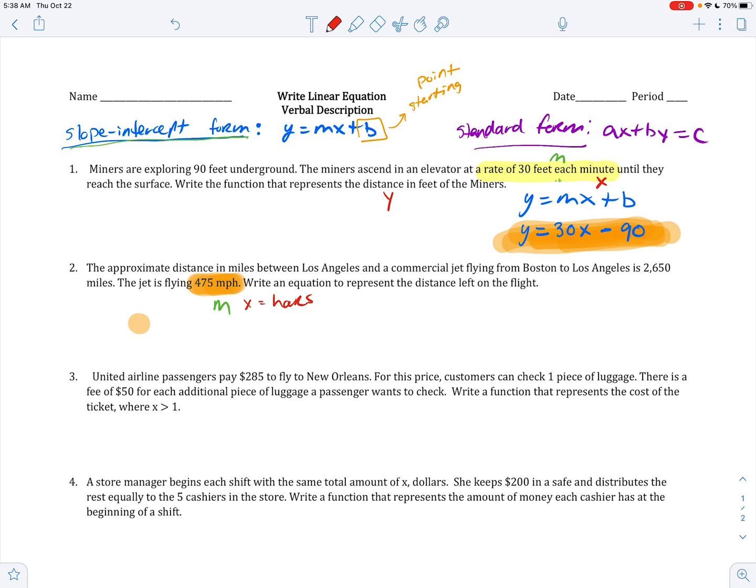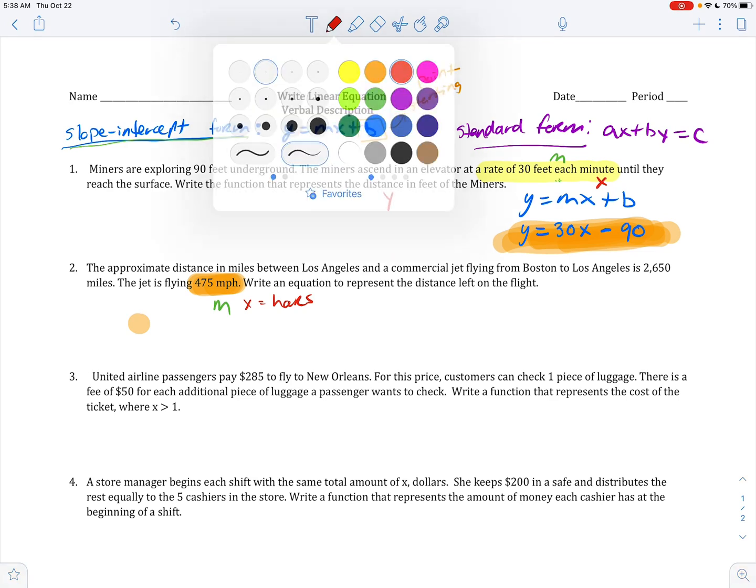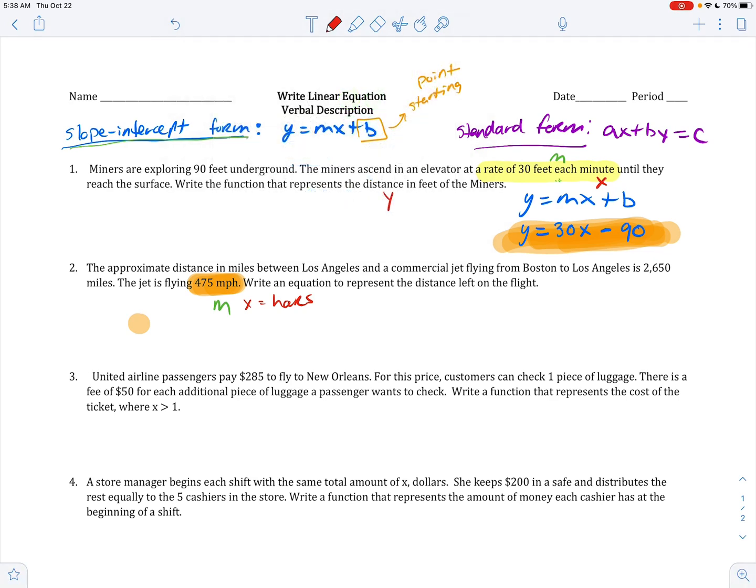All right, so when we start the flight, how many miles do we have to go? 2,650, right? This is our y-intercept, people. This is our y-intercept. Because it's the starting point.